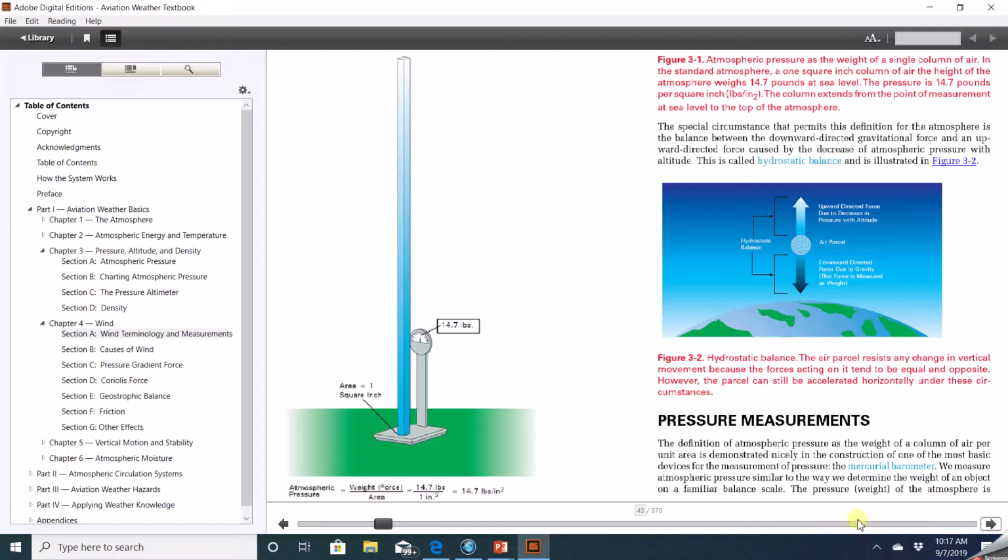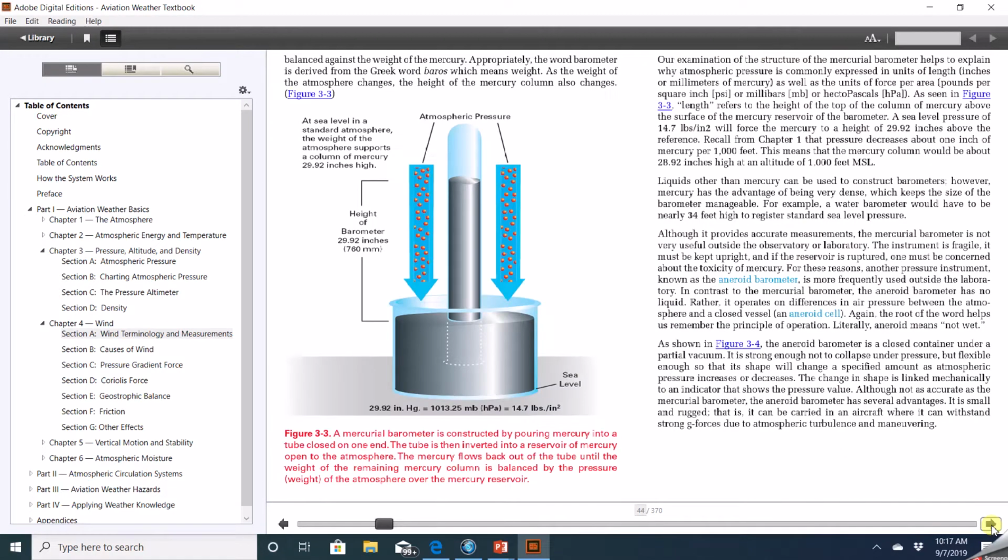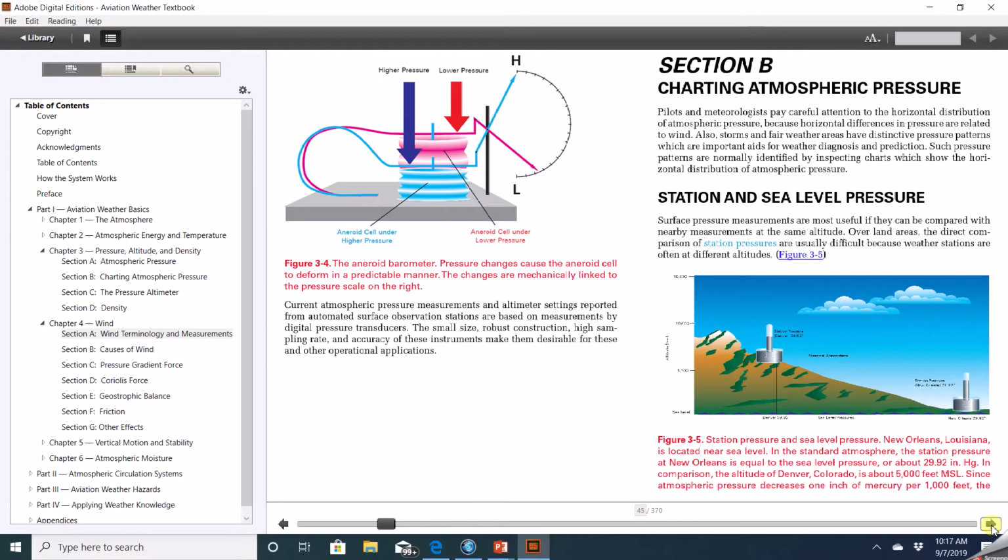So let's take a look at a little bit of pressure this week. There'll be a lot more. You can read through it in your book and some other things here. But there's a difference in pressure depending on what elevation you are in the atmosphere. Think about this. As you go up in the atmosphere, molecules get further and further apart. They're not being pushed down by gravity as much.